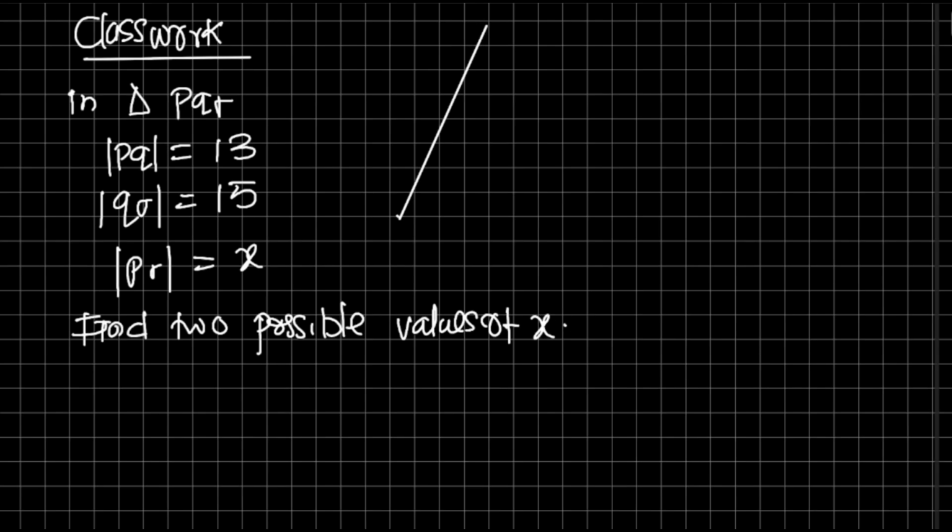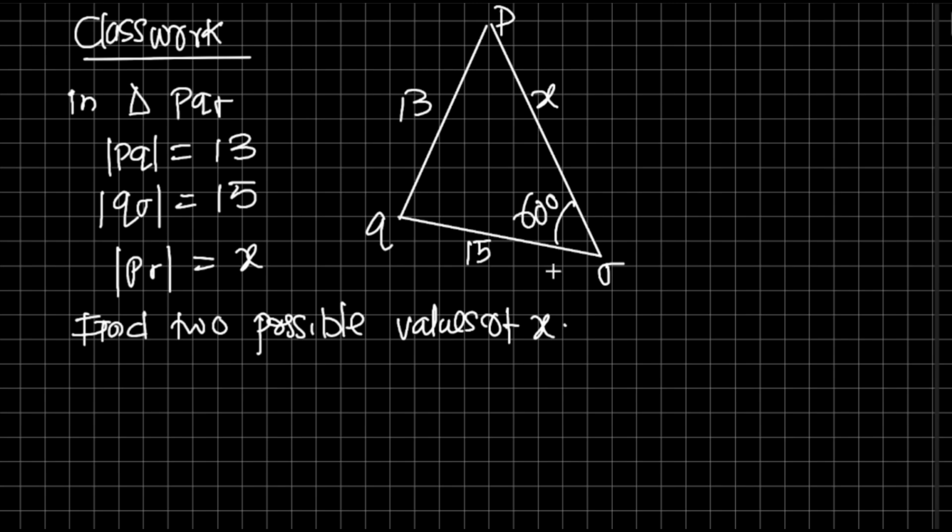Let me draw it for you so you see it. This is PQR, and this is angle 60 degrees. QR is 15, and PQ is 13. So you use the sine rule to find two possible values of X.